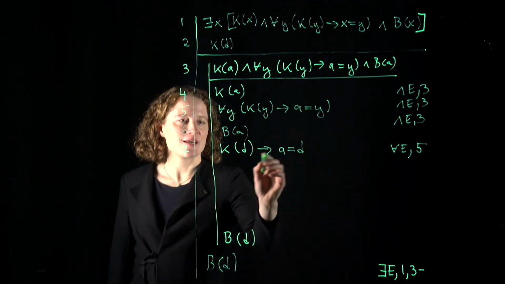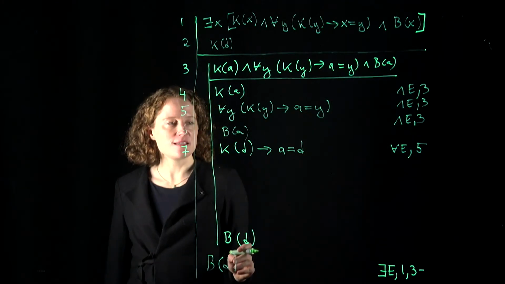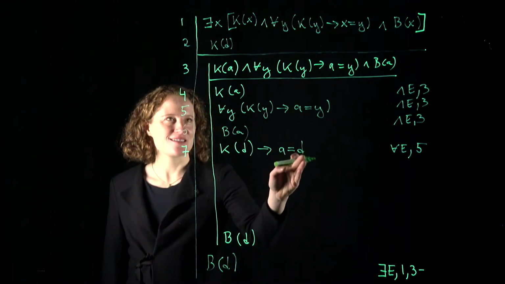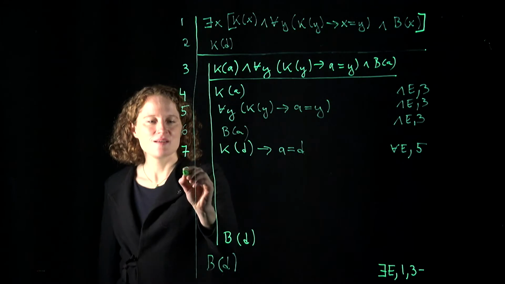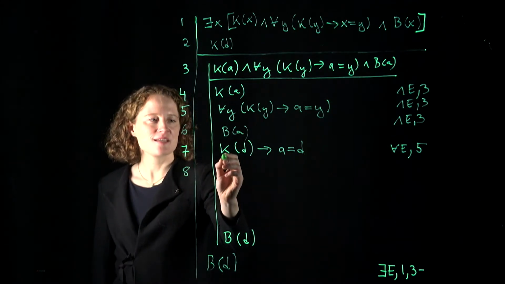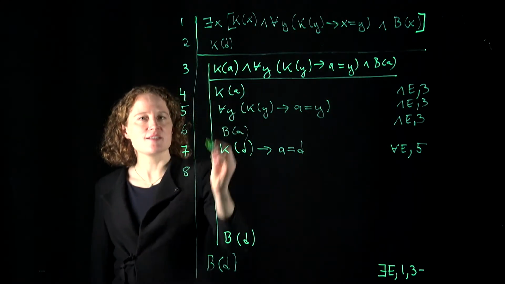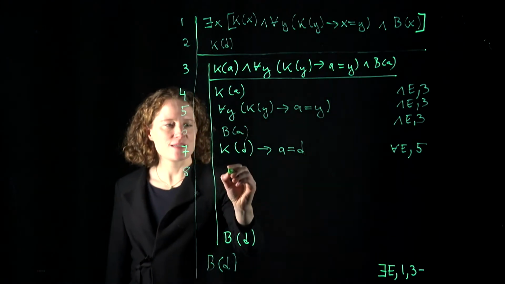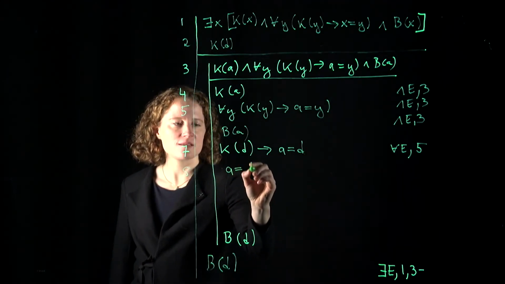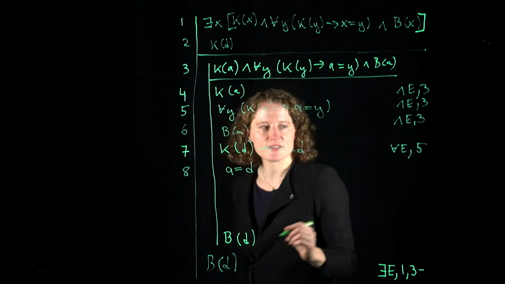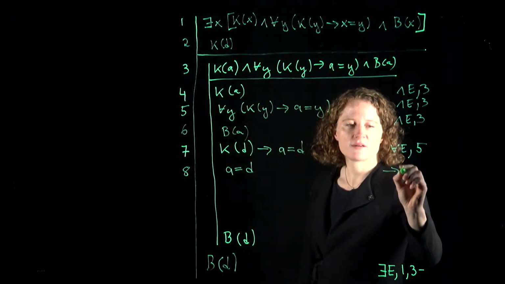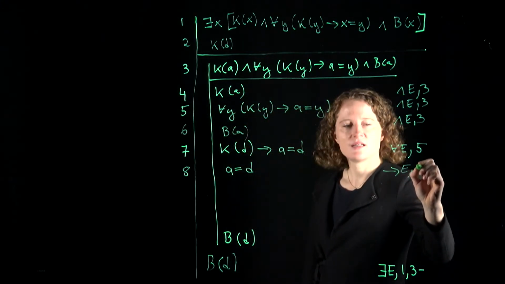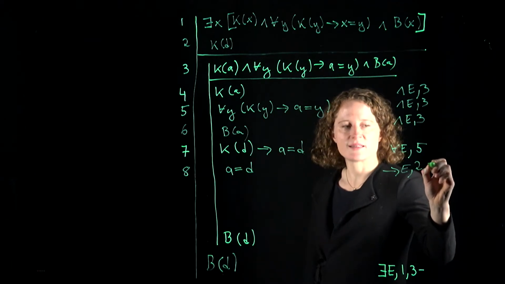And this gives me a conditional: if Kd, then a is identical to d. Now I also see that I have the antecedent of this conditional in line 2. And that means that I can infer a equals d, the consequent of my conditional, using conditional elimination applied to lines 2 and 7.